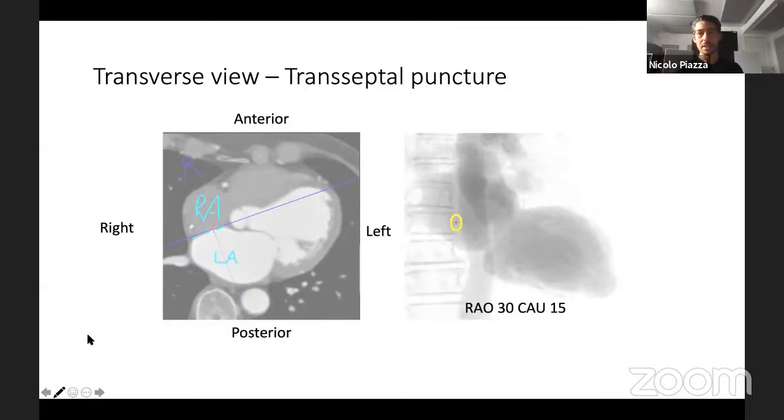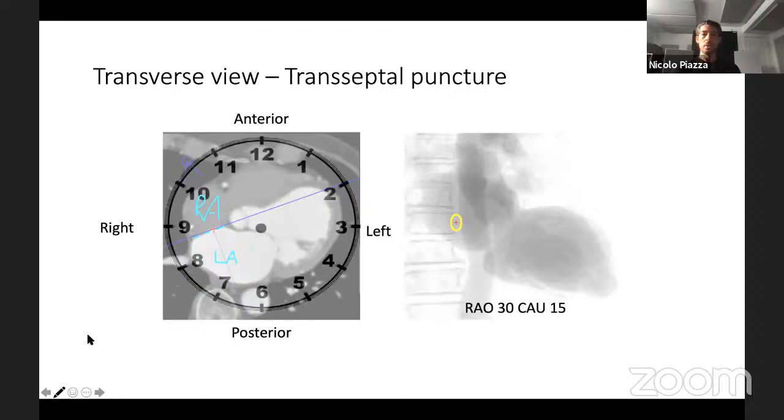Now notice that if we're going to be puncturing from the right to the left side of the heart, we can think about this using a clock as a background. We're always taught that we need to puncture the atrial septum at 5 o'clock or 6 o'clock, or if the atrial septum is more posterior, at 7 or 8 o'clock.